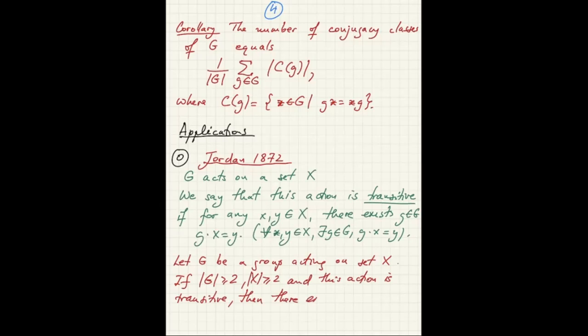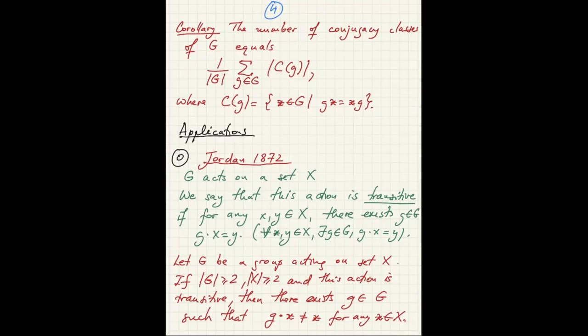What is a derangement here? There exists g in G such that g doesn't fix any point. So g acting on x is different from x for any x in X.